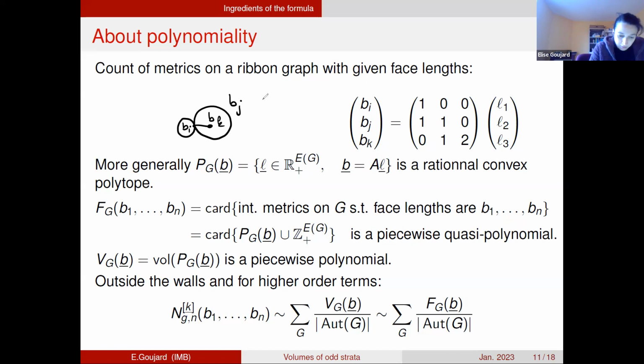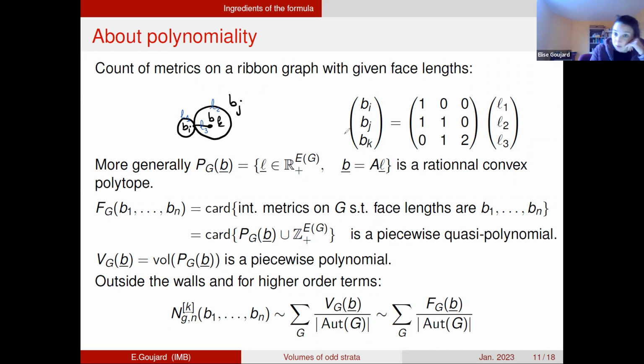So let me consider an example. Here I drew a ribbon graph. I really think of it as a ribbon graph embedded in the plane. I put the lengths of the faces bi, bj, bk, and I should also put some lengths on the edges. So L1, L2, L3 are the lengths on the edges, and the bi's are the lengths on the faces.